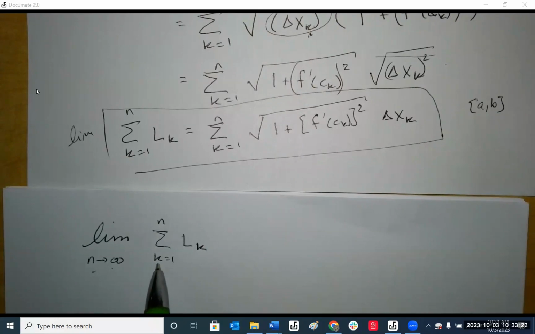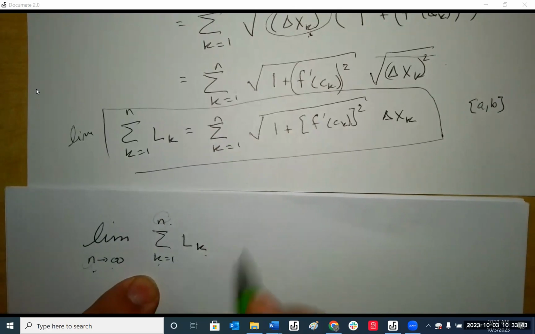Well, because k goes from 1 to n, and the summation is of all the lengths. So if we're going to infinity, that means we have infinitely small lengths. It's so close to becoming just points. We're adding all the points. So that's the reason we go from whatever that boundary is, and these go with k.